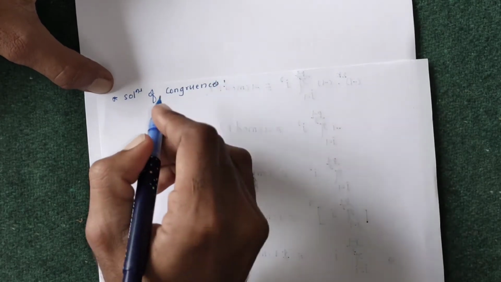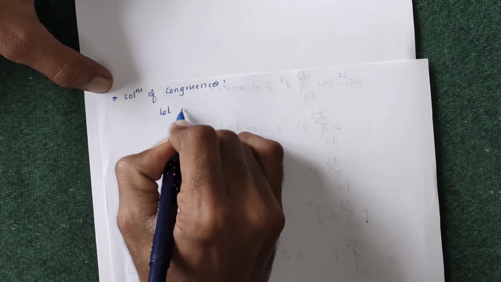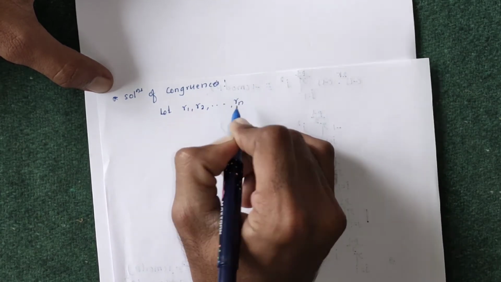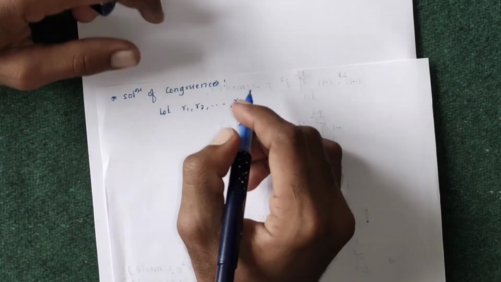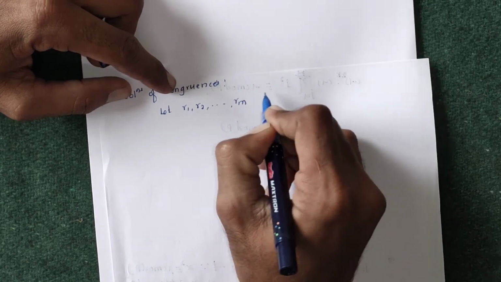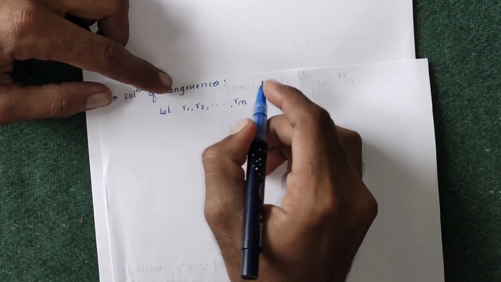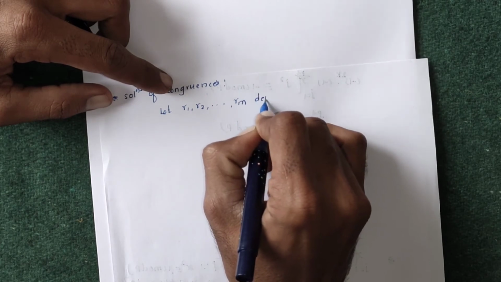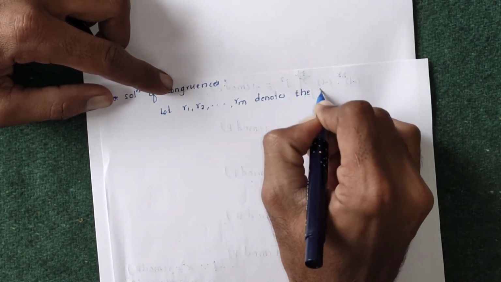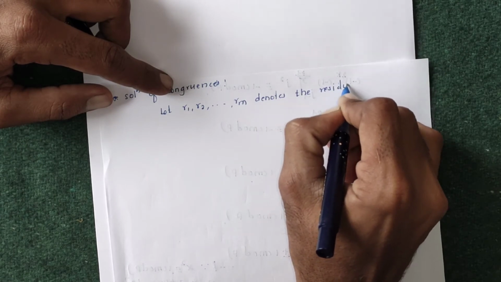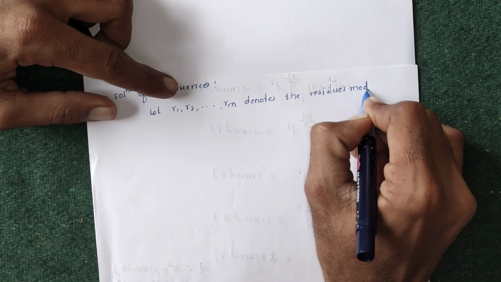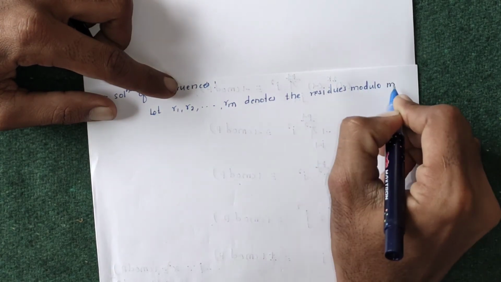Solutions of the congruences. Let us suppose R1, R2 up to Rn denotes the CRS under modulo n. Instead of Rn, I will use Rm. Let R1, R2 up to Rm denote the residues under modulo m.